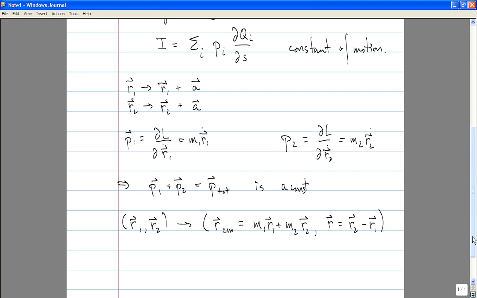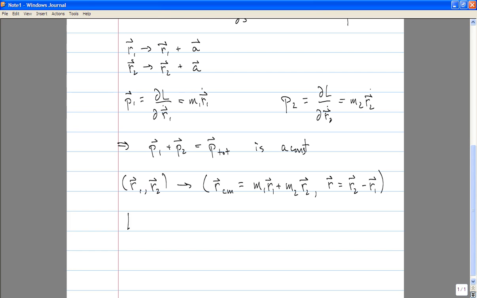And in terms of these new degrees of freedom, the Lagrangian is equal to 1/2 (m1 plus m2) times the derivative of the center of mass position squared. So that just looks like the Lagrangian for a free particle in 3 dimensions with center of mass position r_CM, plus a term depending on the relative position, which was 1/2 mu r dot squared minus V, which will be some function of the length of the vector r.